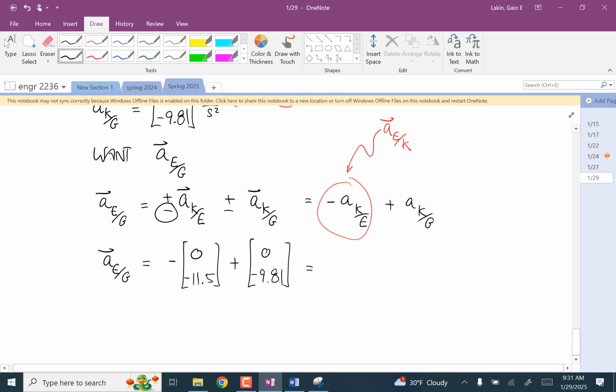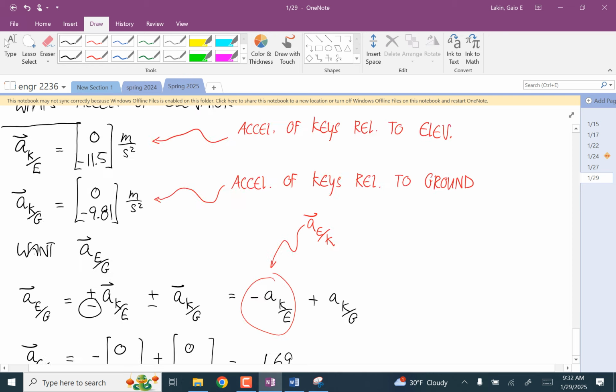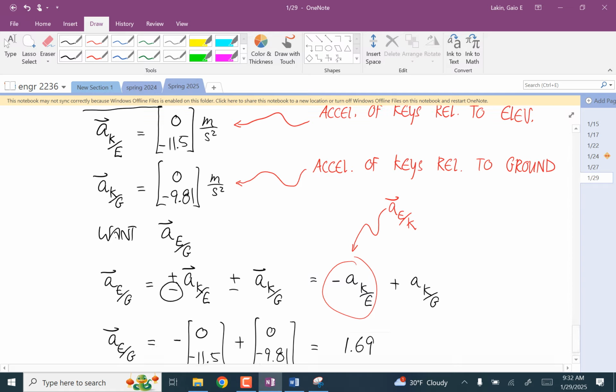And so you get, I don't have the answer to that. Anyone have a calculator? What's 11.5 minus 9.81? This negative cancels that negative, so it's, oh, my bad, 11.5 minus 9.81. 1 point something, yeah, 1.69.